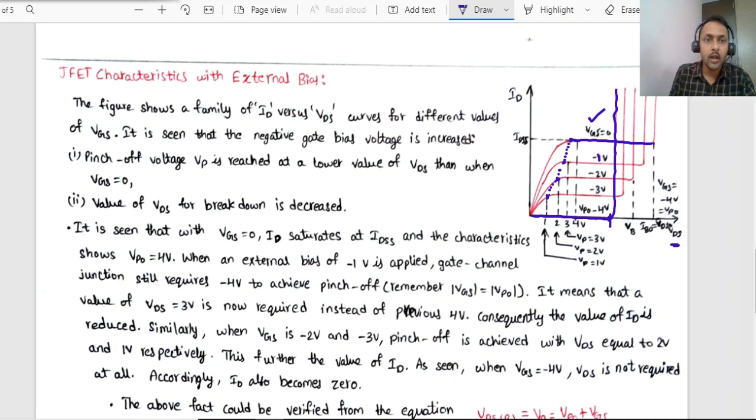So these are the characteristics you can observe in this discussion. The key point is, if VGS, the gate source voltage, is made more and more negative, the drain current will come down. And this sudden rise in drain current is due to the breakdown of the gate, because it is in a reverse biased condition.